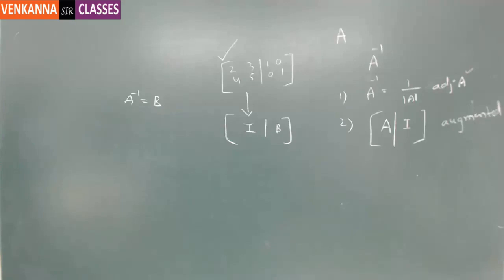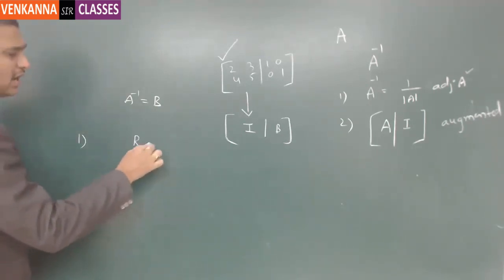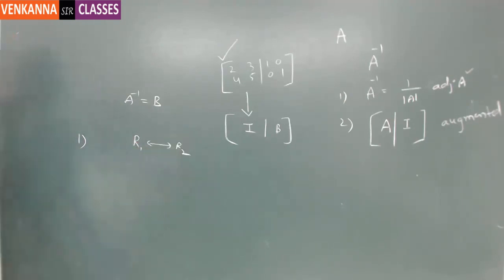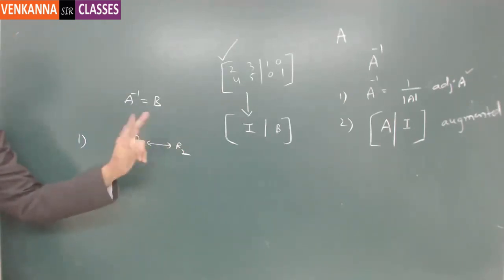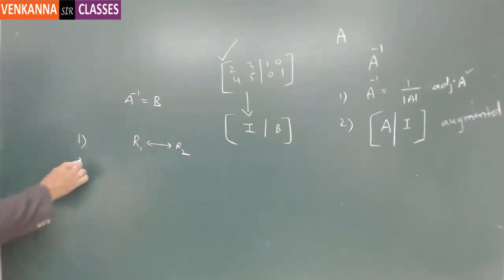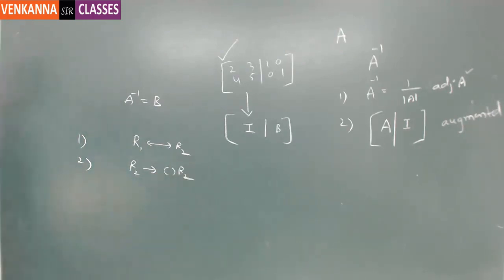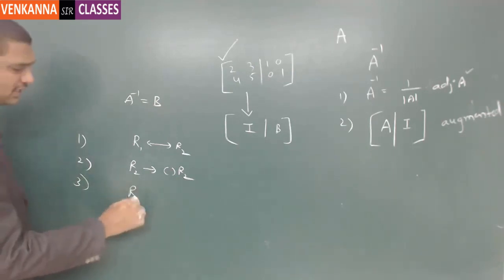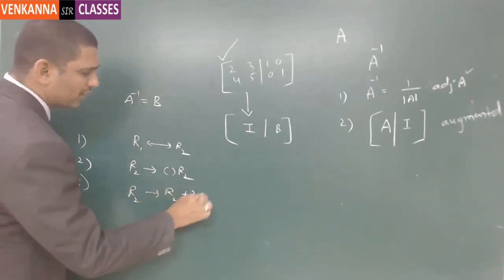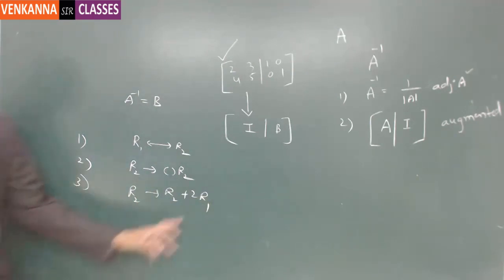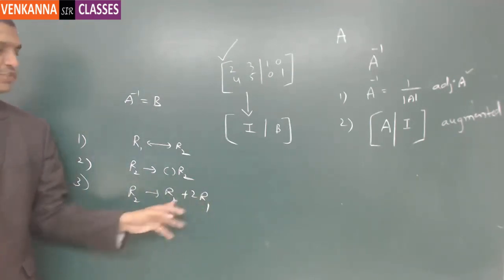There are mainly three types of row operations or column operations. The first is interchanging two rows: if I write R1, R2, it means rows R1 and R2 are swapped. Second, if I write R2 equal to some number into R2, I have multiplied the entire row by this number. Third, if I write R2 equal to R2 plus 2R1, I have multiplied R1 by the number 2 and added it to R2.